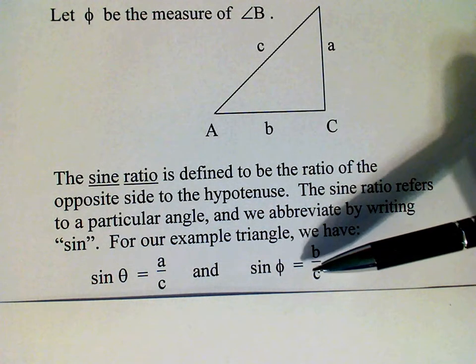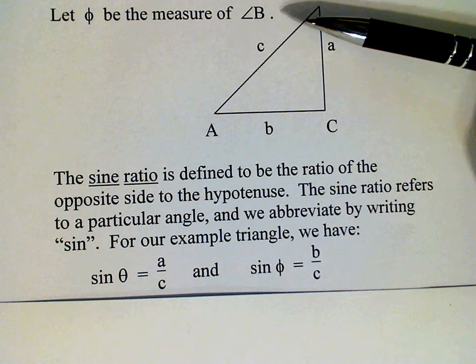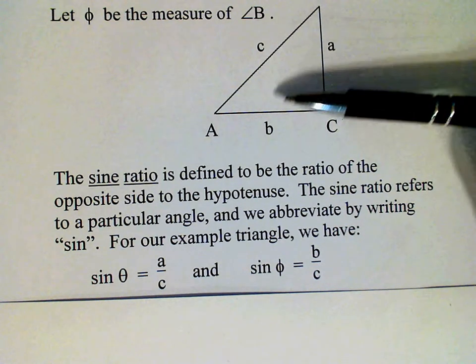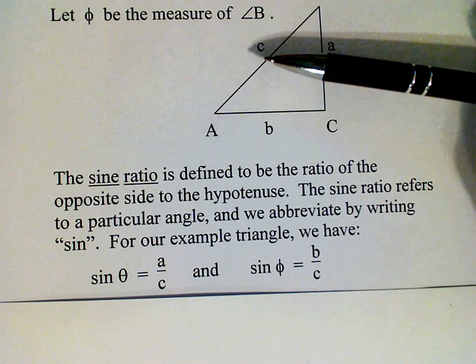And for the other acute angle, phi, which is the measure of angle B, the side opposite is little b, and the hypotenuse, of course, is still c.